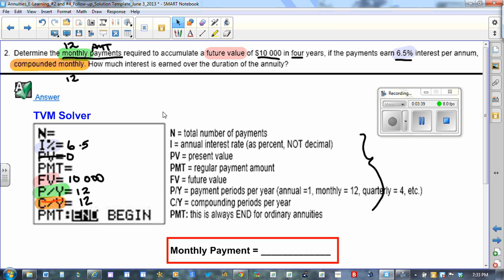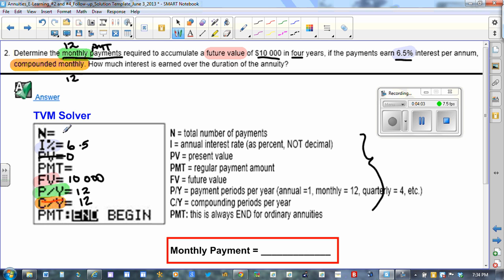Now, if we stop there and just focus on filling in the information in this template, once that's done, we'll surely generate an answer that we can use to solve the rest of the problem. So let's deal with the N. If you take a look at the frequency of payments, we're dealing with monthly.